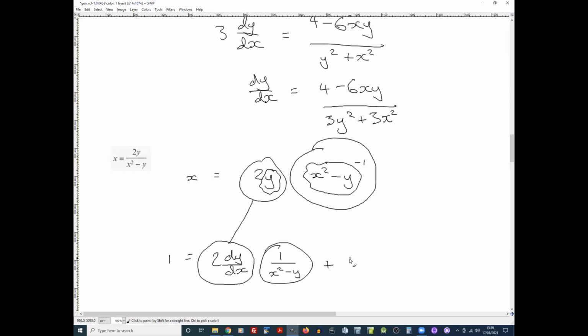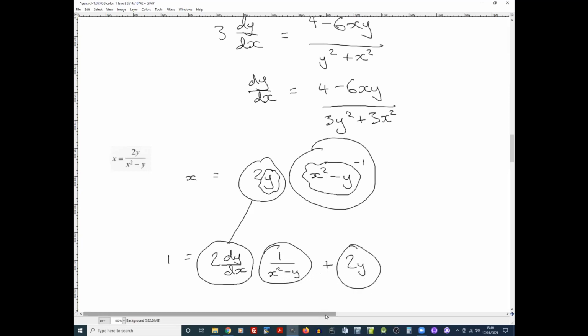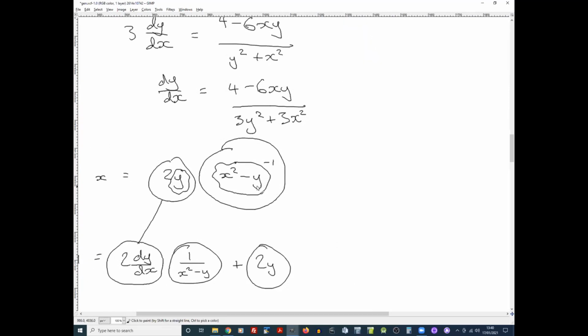Plus 2y times, bear in mind it's a composite, minus x squared minus y times 2x times dy by dx times minus dy dx.